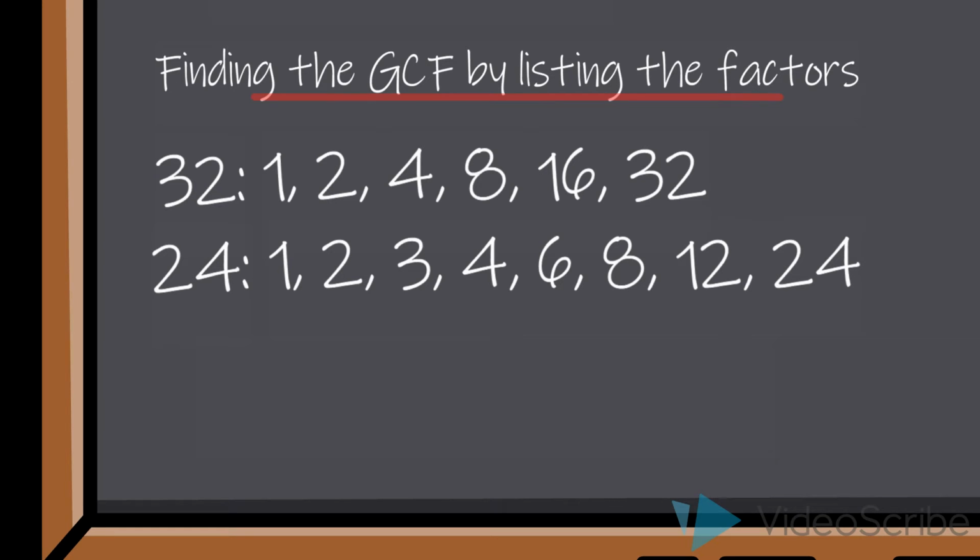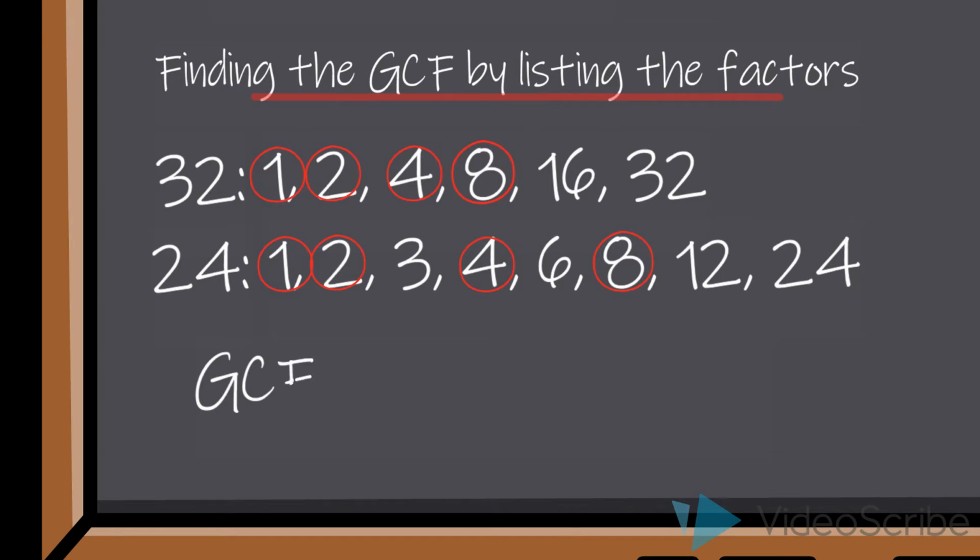Once we have all the factors of each number, let's see which factors they have in common. They each share 1, 2, 4, and 8 as common factors. To find the greatest common factor, we just need to determine the greatest number between 1, 2, 4, and 8.